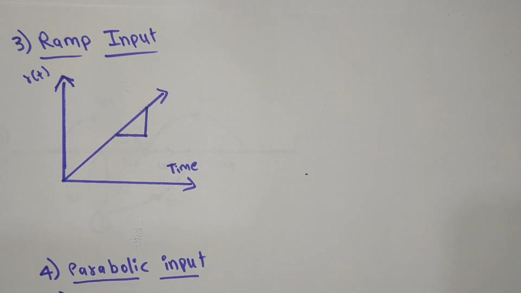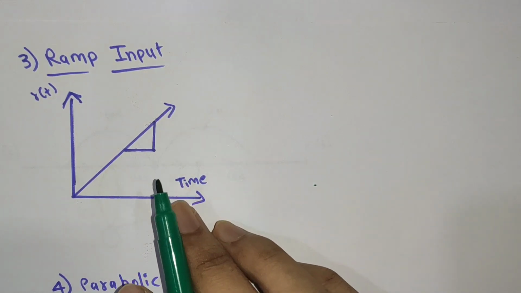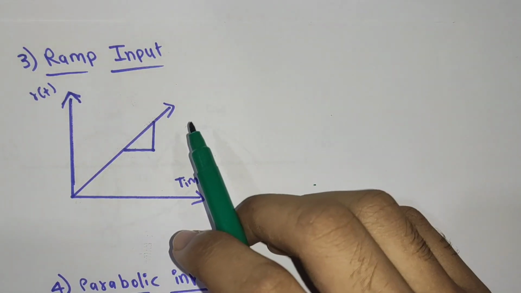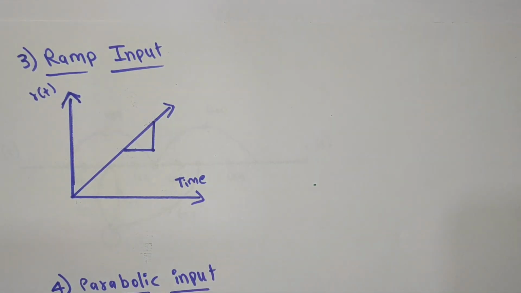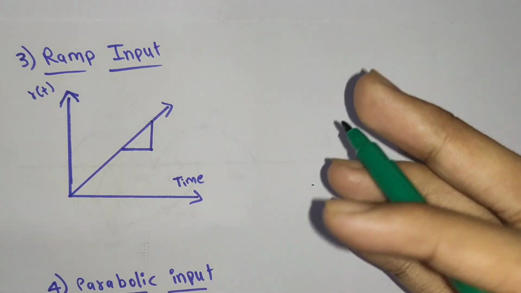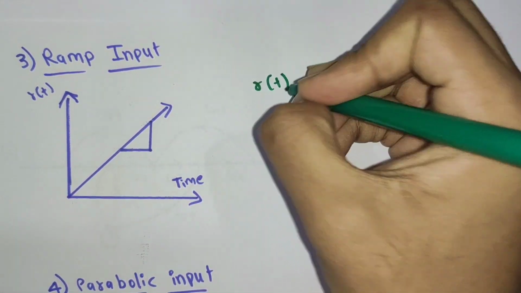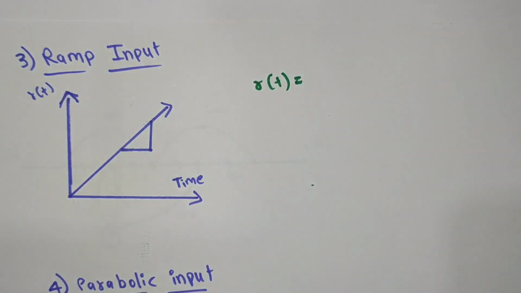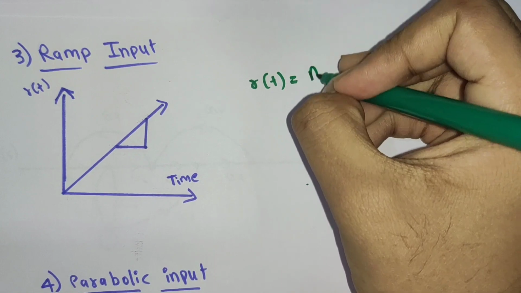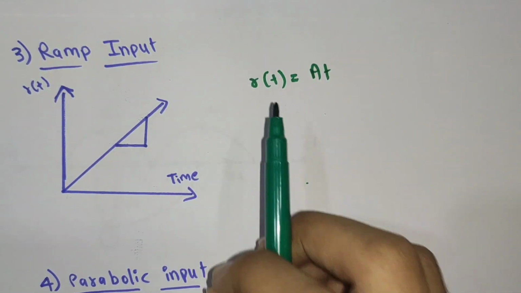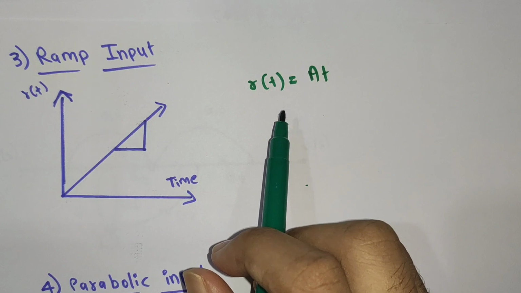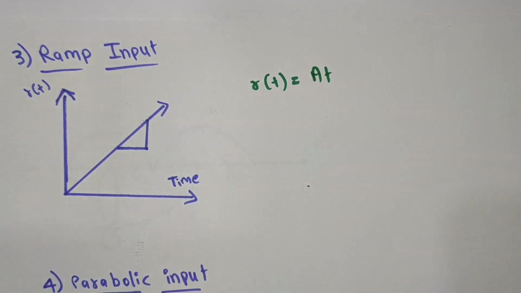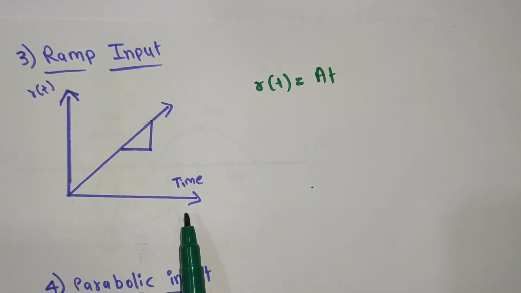Okay, now let's see the other two inputs that can be applied. The first one is the ramp input. Now what happens in a ramp input? Ramp input is an increasing function or an increasing input. So we can write r(t), and here you can see this is the slope, so we can write it as a t. That follows the slope formula y equals mx plus c, in terms of time.